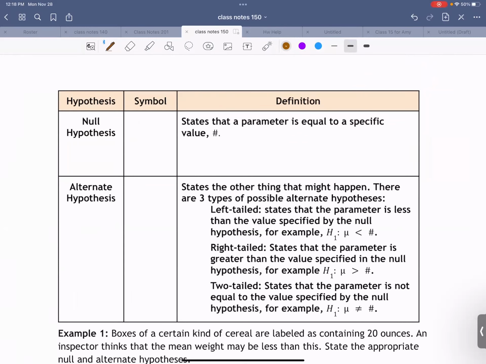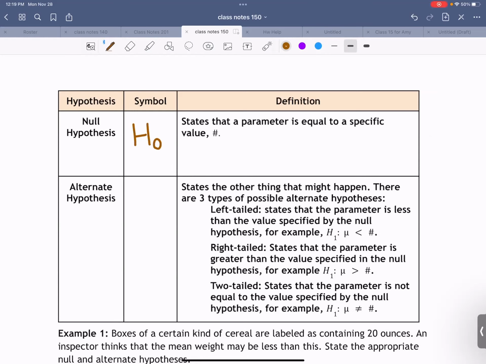Okay, so the null hypothesis is what we believe in the beginning, like the mean is 5, and we have a symbol for it. It takes on this symbol, H for hypothesis, and null means nothing, or 0. So we're going to put a 0 for null. H subscript 0 is the null hypothesis. When we talk about the null hypothesis, we have to write it in the right way, like how we did with the confidence intervals.